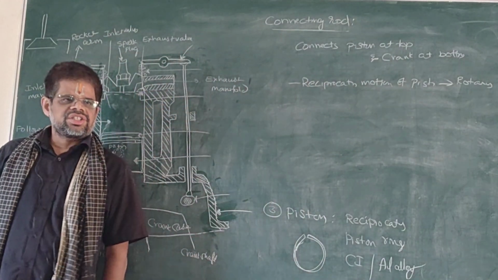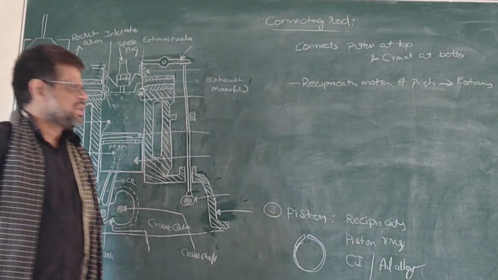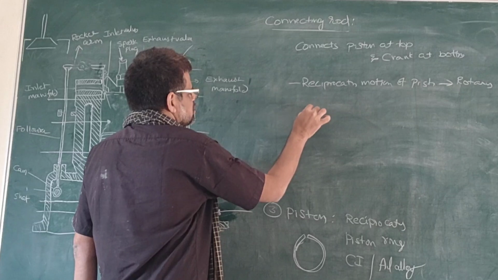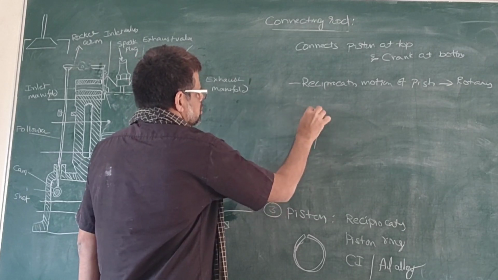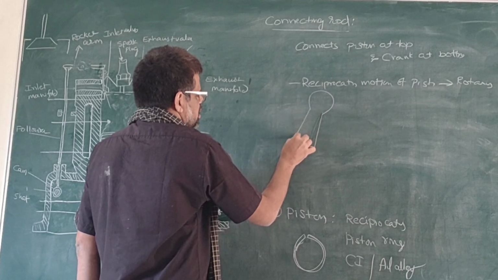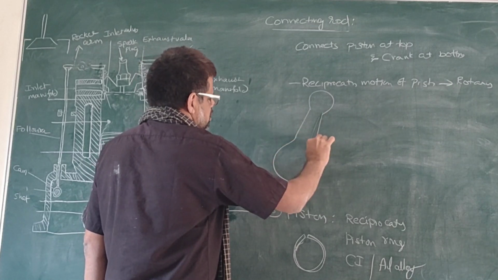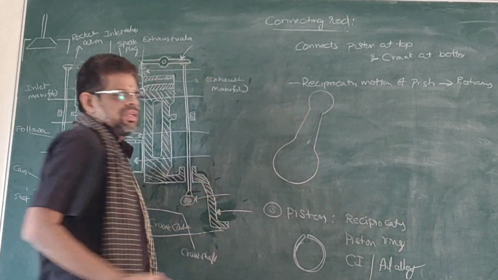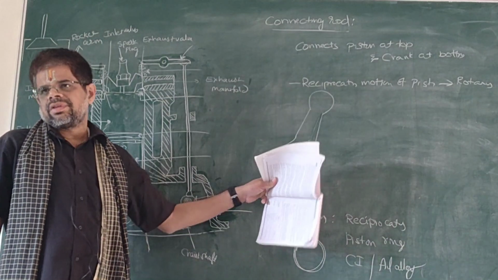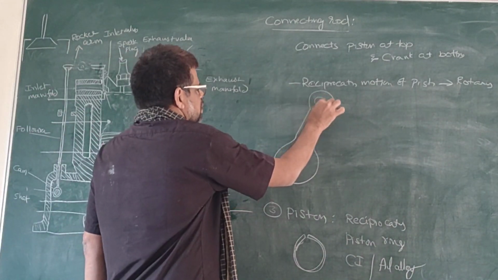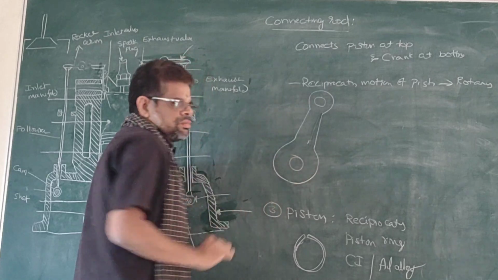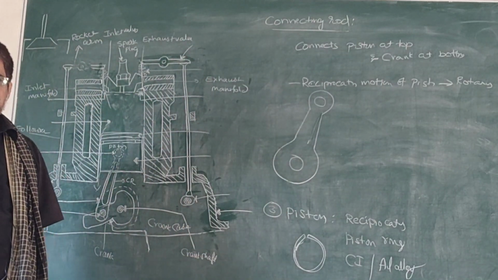So what is the construction of this connecting rod? It will be like this. It consists of one end here and another end here. So there are two ends. One end is called the big end and the other the small end. So it consists of a hole at both the ends. Okay.